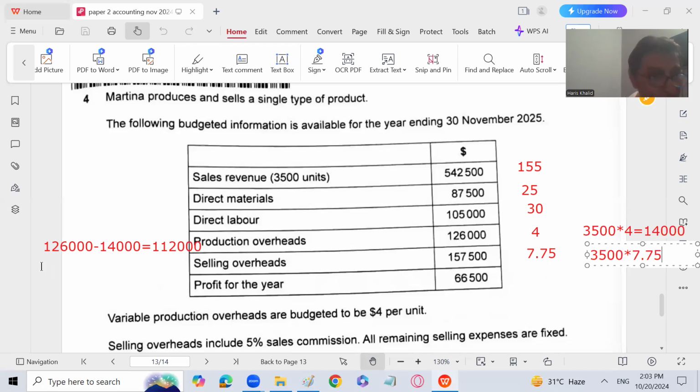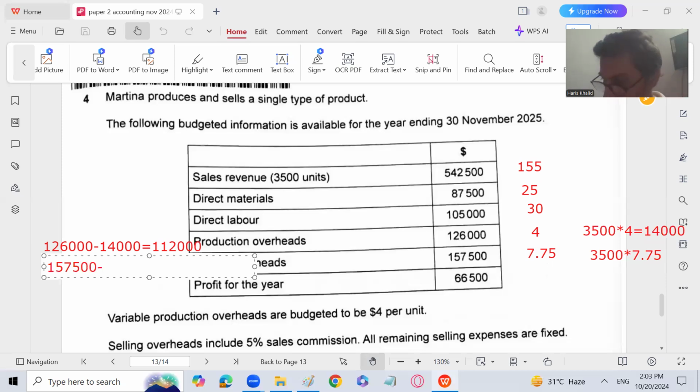Now I'm subtracting it. 157,500 minus 27,125. I will get the fixed selling overheads, and that is 130,375.